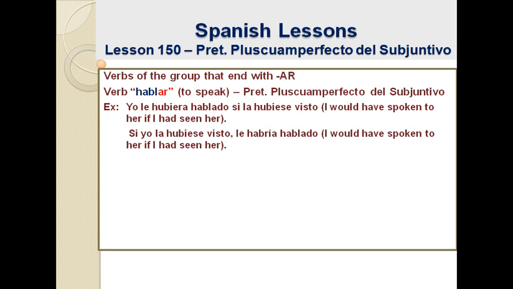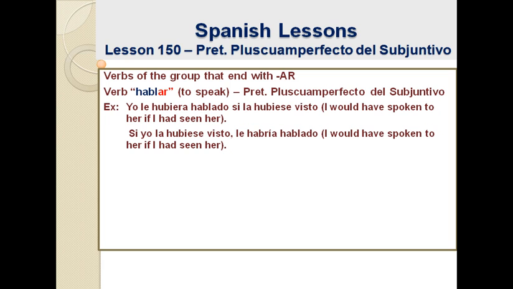In English it should be: if I had seen her, I would have spoken to her. The si is the if condition. So the order is not the same in the English translation there.